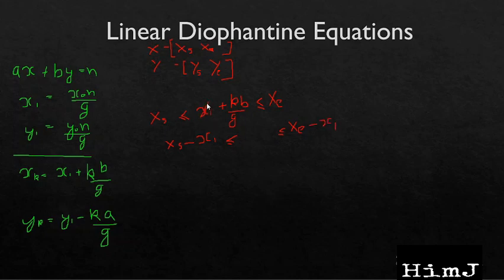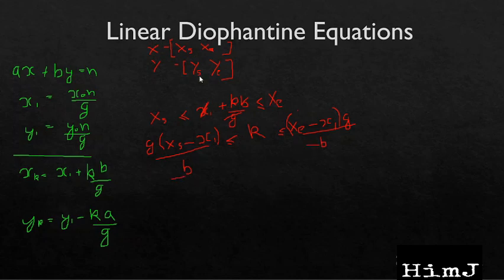So we have subtracted x1, so this is removed from here. Now multiplying by g on both sides, and since g is a positive integer, the inequality sign will remain same, and now dividing by b on both sides. So for x to lie between this range x start to x end, our k should be greater than this value and should be less than this value.